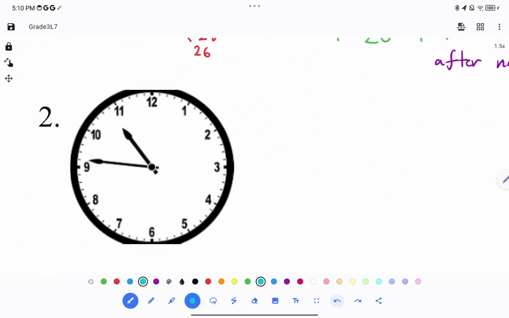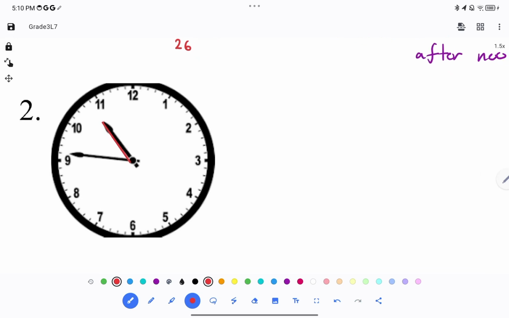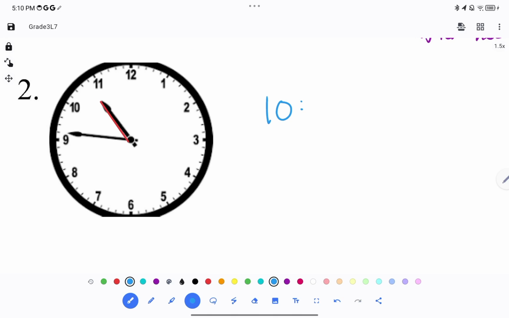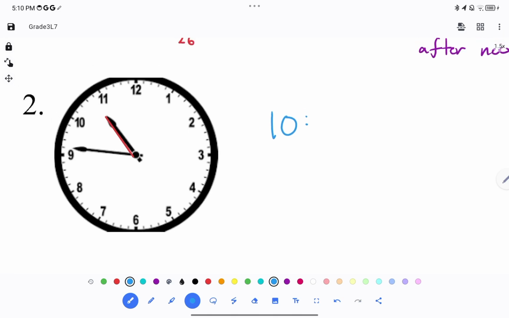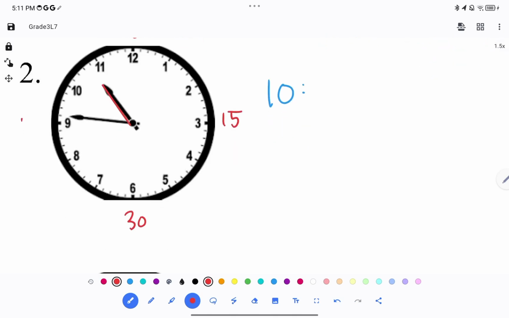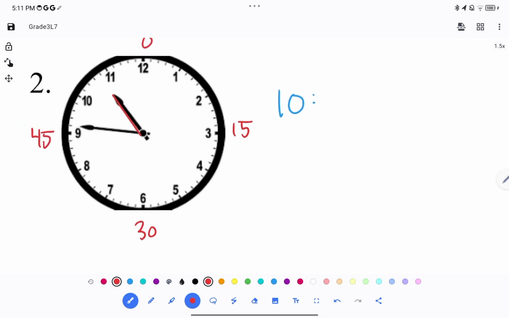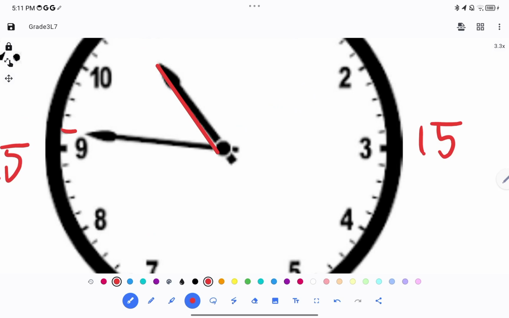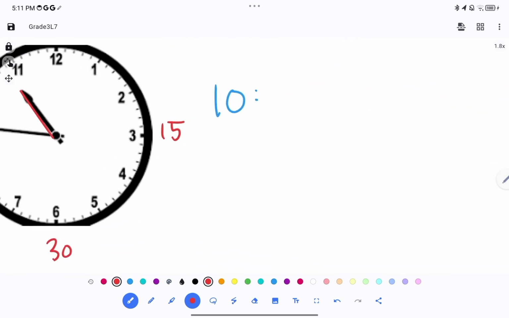Number 2. The hour hand is pointing between 10 and 11, so we say it's 10, and then put a colon to separate the hours and the minutes. Since this is 0 minutes, 15 minutes, 30 minutes, 45 minutes, it's one tick mark after 45 minutes, so that means it's 46 minutes.